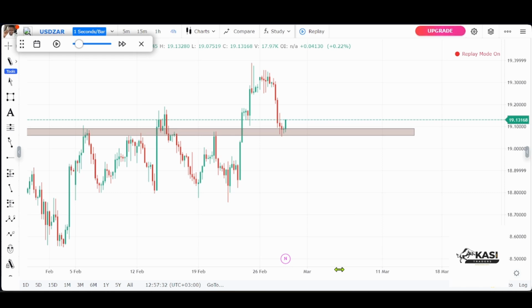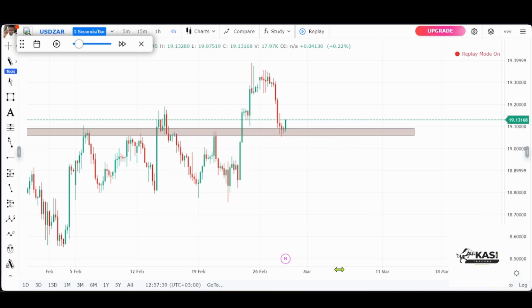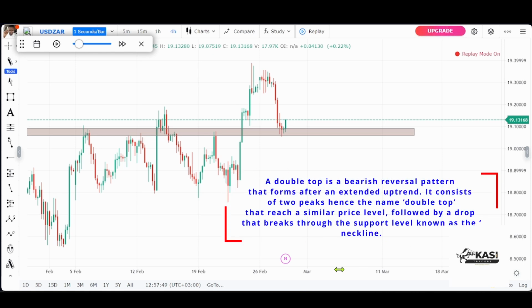Now, we are looking at USD versus South African rand on the 4 hour time frame. So, what exactly is a double top reversal? In simple terms, a double top is a bearish reversal pattern that forms after an extended uptrend.